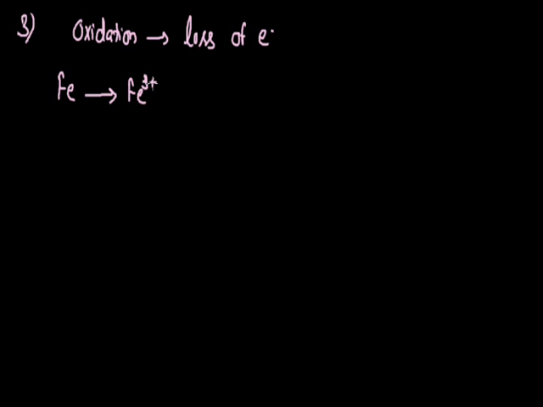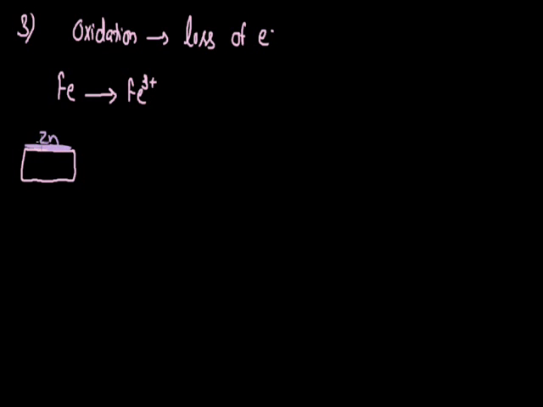Now if we take some metal more reactive than iron, like zinc, magnesium, or aluminium, then as these are more reactive than iron, they will not allow the iron to undergo oxidation. Like if I cover this iron object with a thin layer of zinc metal, this is the covering of zinc metal on the surface.